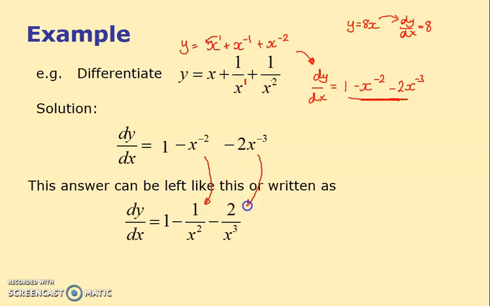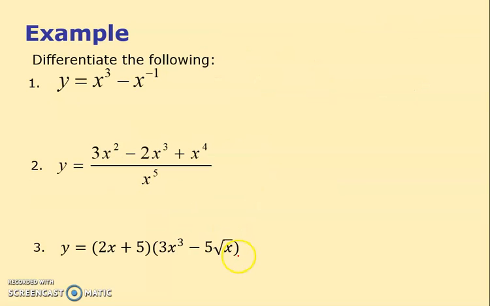And again, x to the minus 3 becomes x cubed in the bottom. So it's the same, and both will get you marks, but there might be some occasions when this is a better answer, for reasons that you're going to do something with it straight away afterwards.